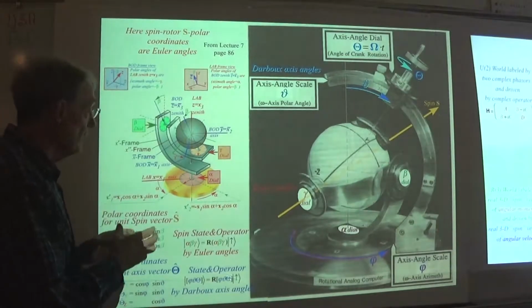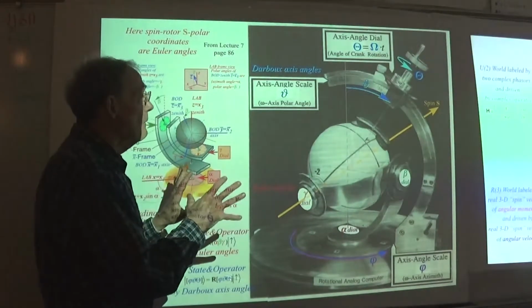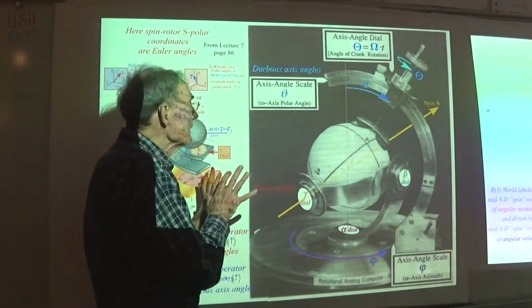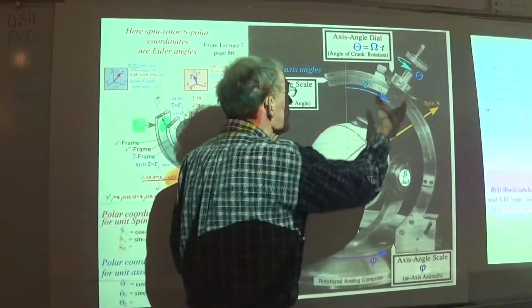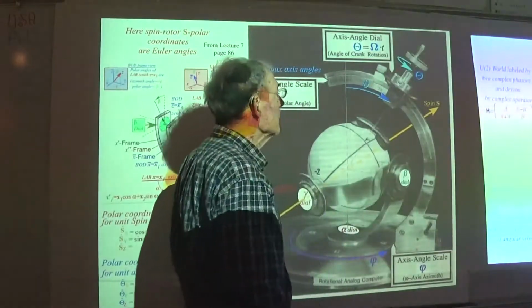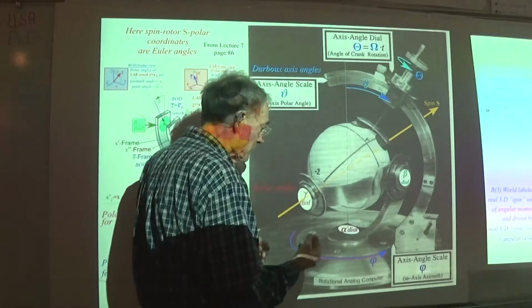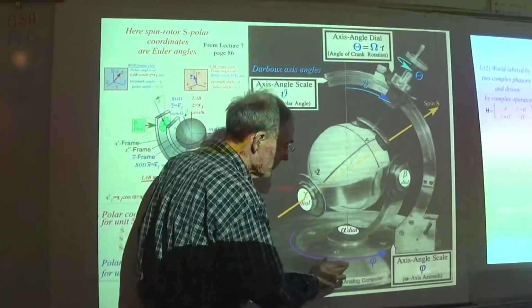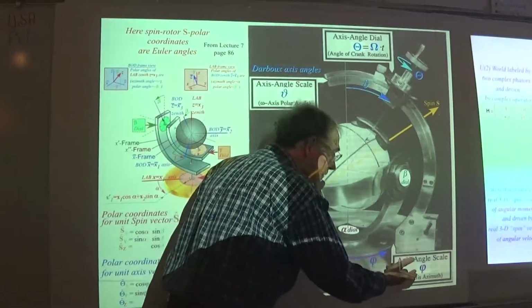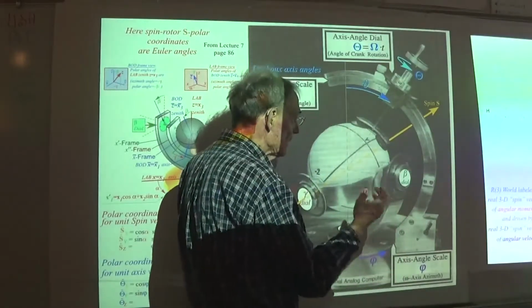And then the operator that's going to move the states around is this machine right here. That's going to be at a certain azimuth, okay? There's the azimuth, is a script phi, okay?